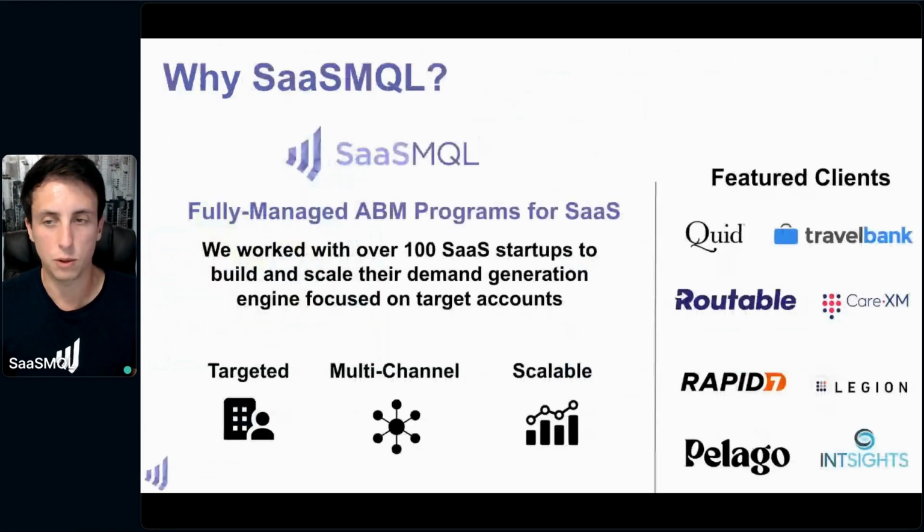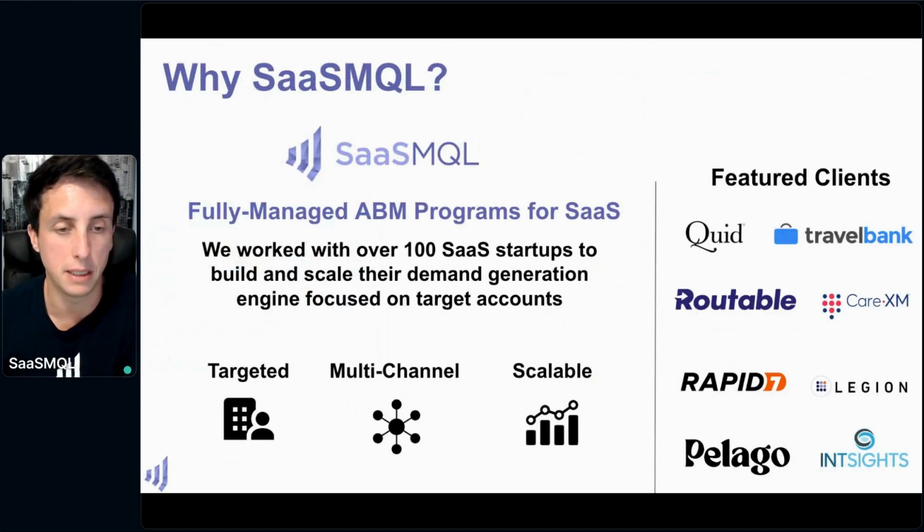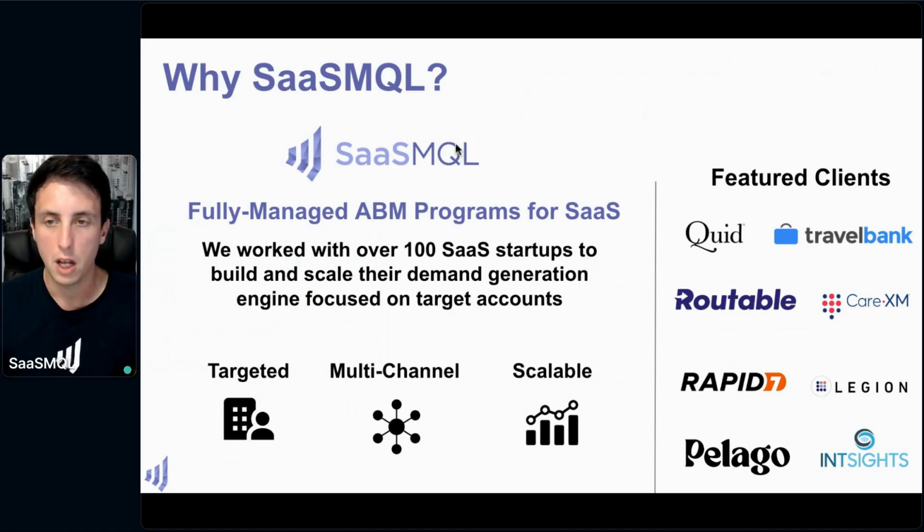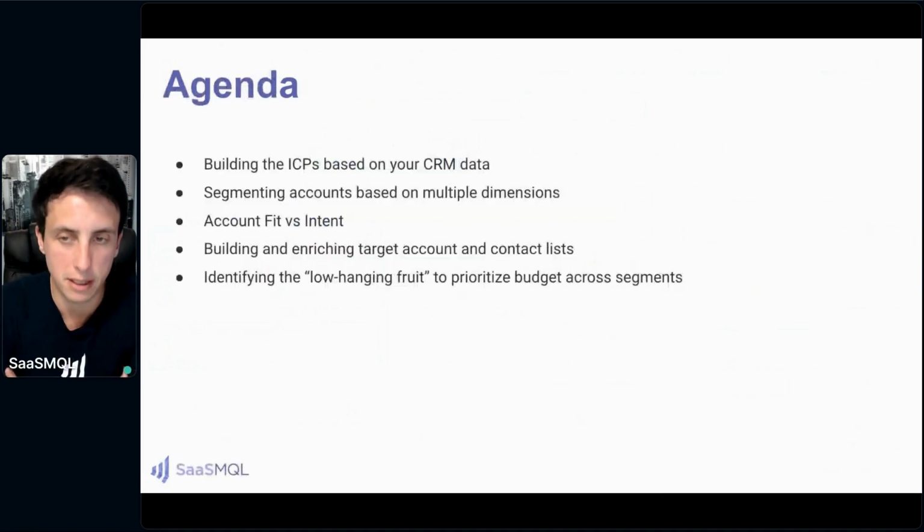And in 2018, I started SaaSNQL, which is a company focused on account-based marketing. We partner with many SaaS companies to help them launch these ABM programs and scale the ABM campaigns to generate opportunities from target accounts. So let's start talking about segmentation.